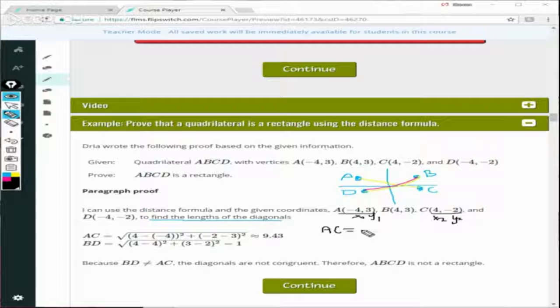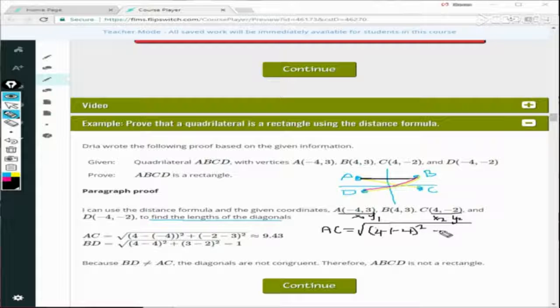Okay, so we have the square root of, I want to know the horizontal distance, so that is why they take x2 and subtract x1 to find the horizontal distance. So I take 4, subtract negative 4.